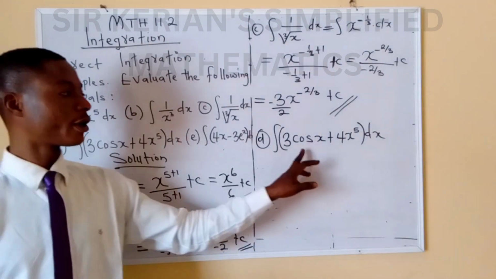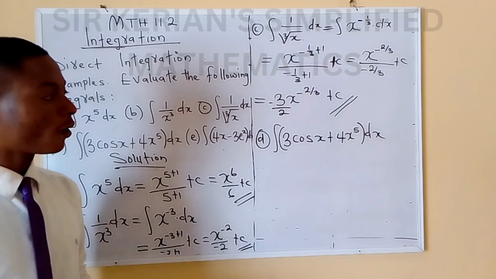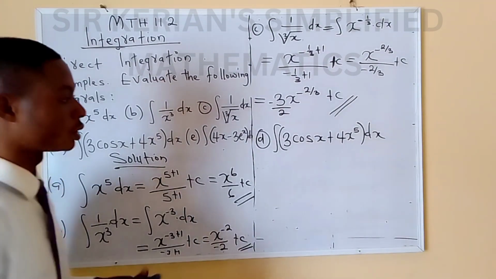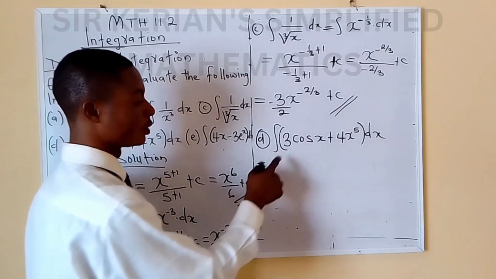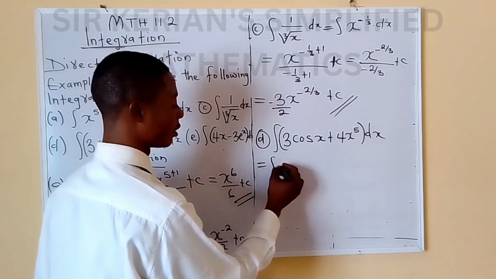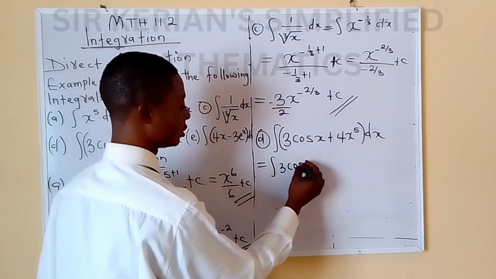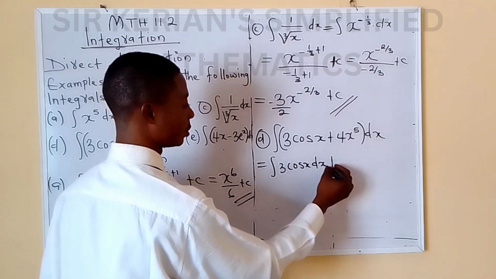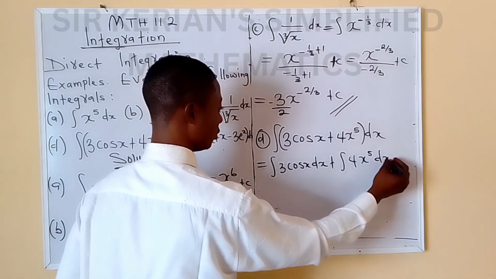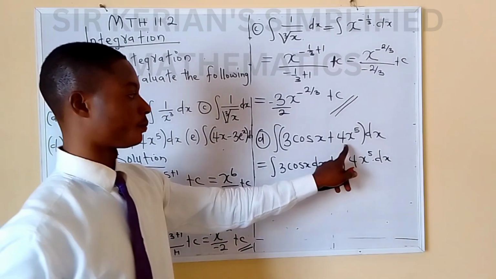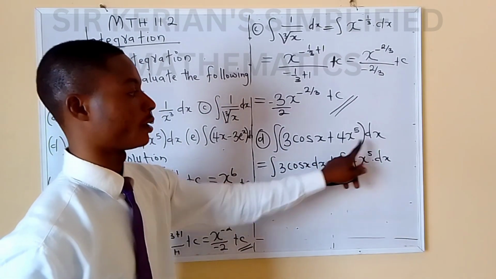It's standing for both 3 cos x and 4x power 5. So if you so wish, differentiate it. Differentiate it means keep the integral for each of them. So this will be the integral of 3 cos x dx with respect to x plus the integral of 4x power 5 with respect to x. The integral is just affecting here and here.